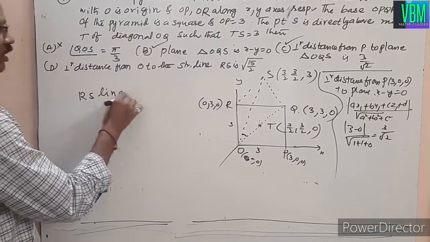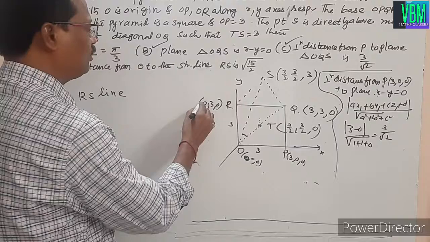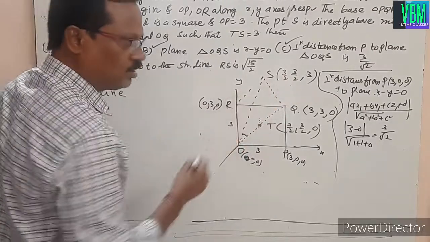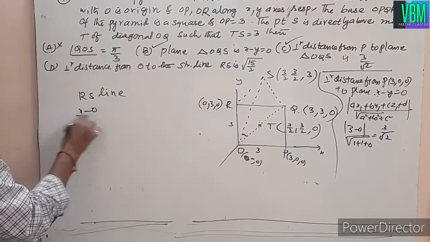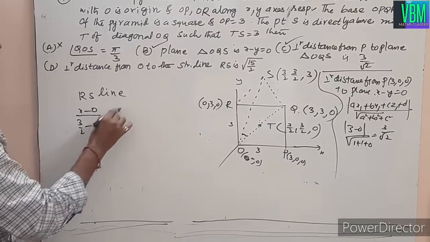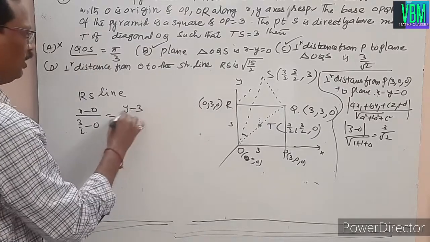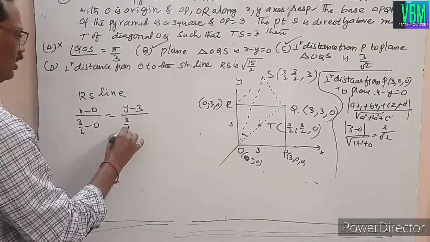RS line equation. How do we get the line equation? Take x1, y1, z1 and x2, y2, z2. X minus x1 by x2 minus x1, that is 3 by 2 minus 0. Y minus y1 by y2 minus y1, that is 3 by 2 minus 3.